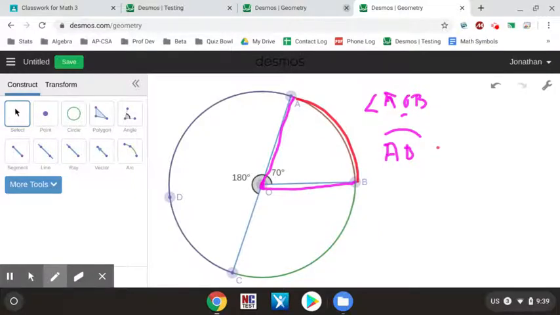The arc AB is equal to 70 degrees because it is a very important thing about central angles that the central angle always equals the arc.